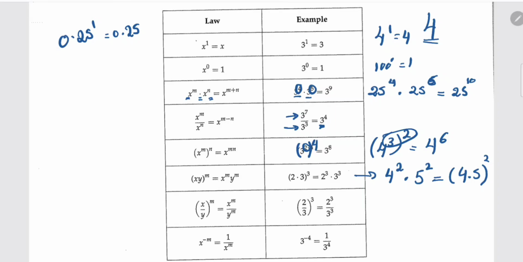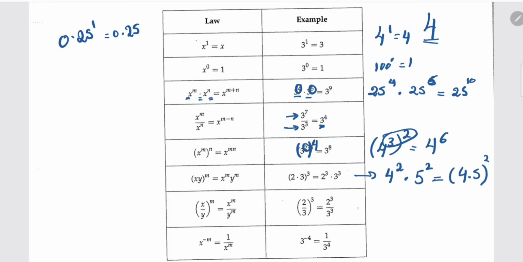Okay, and also I can distribute the power under division. It's the same. It's x over y, all to the power m. So I can distribute the power among them: x to the power m alone divided by y to the power m. If I have 3 over 2, all to the power 3, distribute the power among them, one time on 2 and another time on 3.